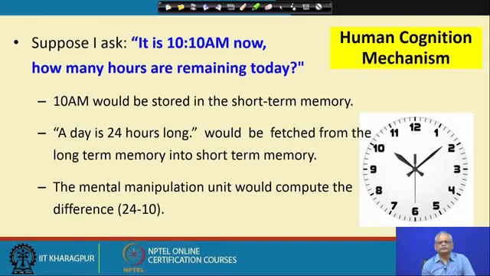The way the human mind will work is that 10 a.m., that is in the short term memory, you saw the time, it is 10 a.m. and from your long term memory you will fetch that one day is 24 hours, and now that is also in your short term memory, that 24 hours is a day. Then there will be a mental manipulation unit which will compute the difference, 24 minus 10, and then you will say that okay, it is 14 hours or 13 hours 50 minutes.